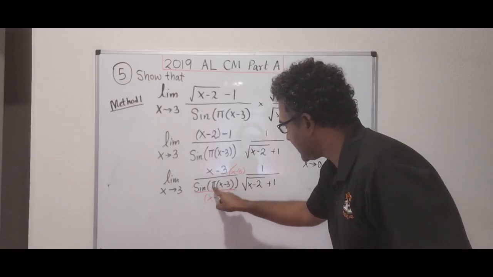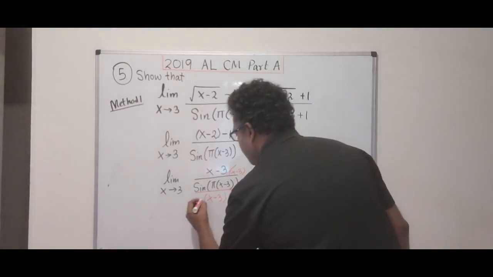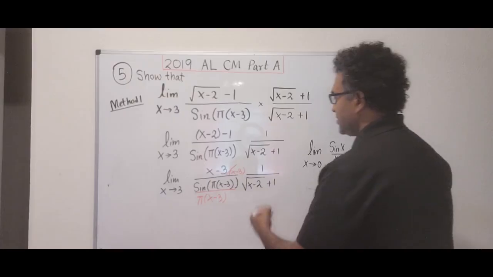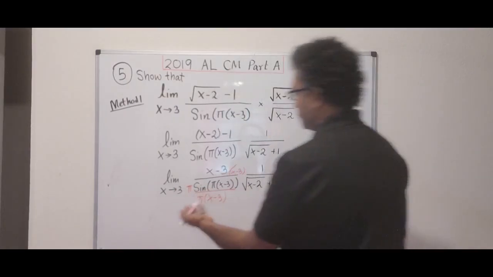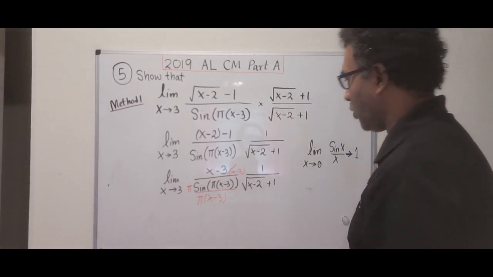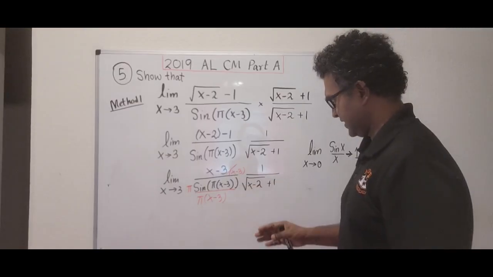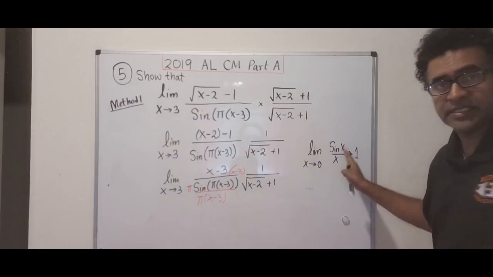So there's a pi here, so I need to substitute a pi. If I put a pi here, then I need to do the same operation over here, so it's just like multiplying by 1. So now I have an expression. Let's simplify this expression and try to get something similar to this.